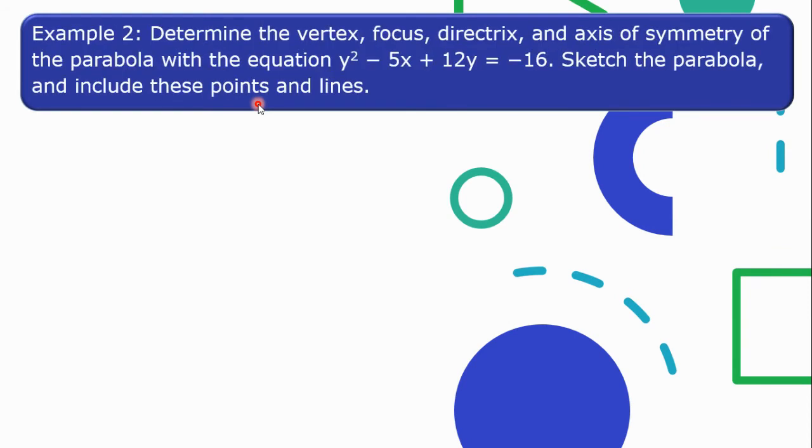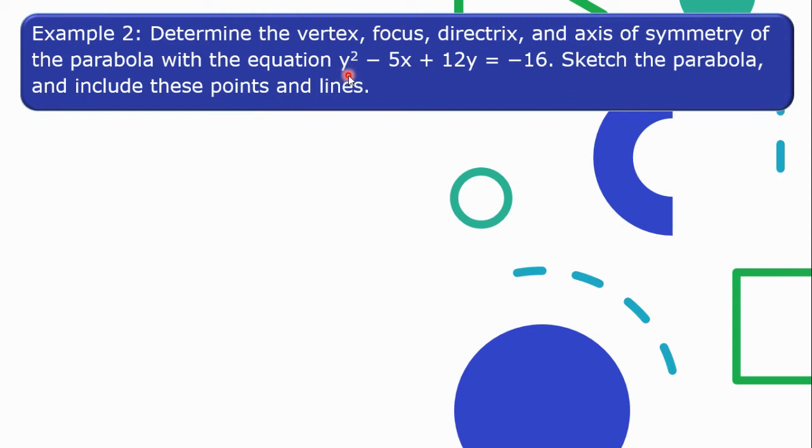Okay, so for more examples, let's have number 2. Determine the vertex, the focus, directrix, and axis of symmetry of the parabola with the equation y squared minus 5x plus 12y equals negative 16. Sketch the parabola and include these points and lines. From the equation alone we can see the orientation of the parabola.